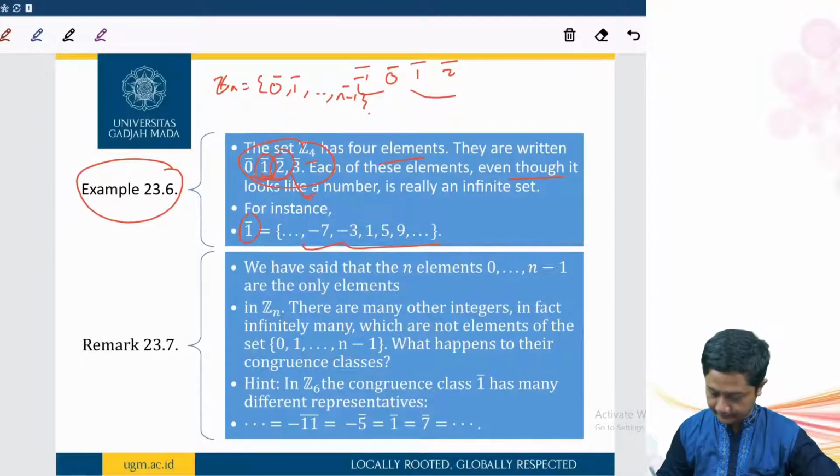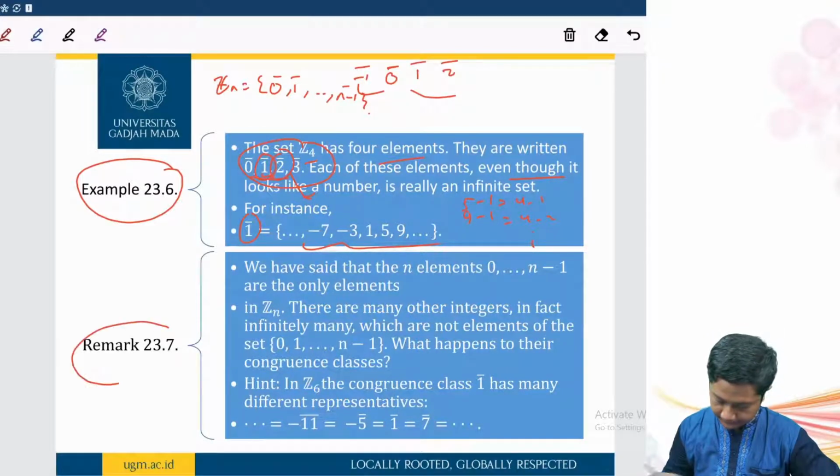Please remember, 5 and 1 in modulo 4: 5 minus 1 is 4 times 1, and also 9 minus 1 is 4 times 2, and so on. So we have 5, 9, minus 3, minus 2 belonging to 1 bar. And it's clear that 1 bar is an infinite set.